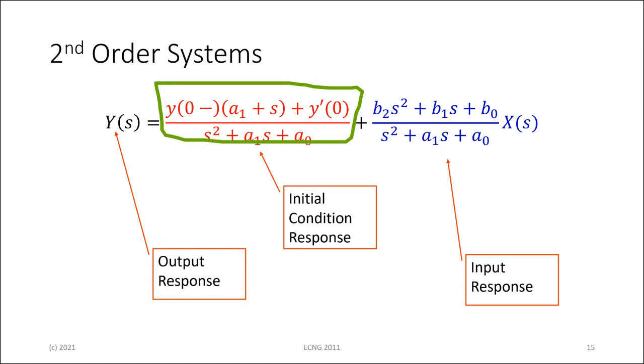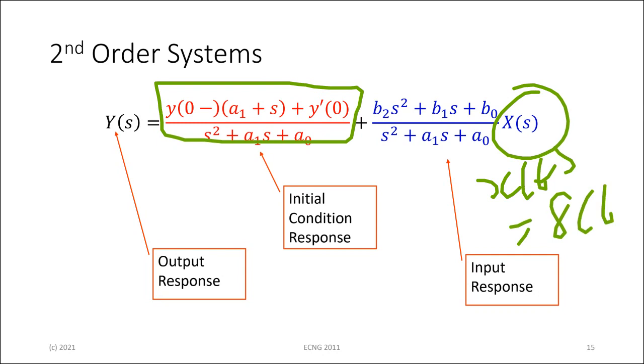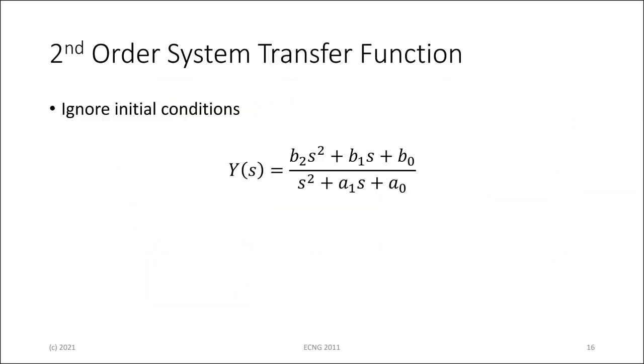And if x(t) is delta(t), then this bit here is what we now call the transfer function of the second order system. So ignoring the initial conditions here, you have the transfer function of the second order system.